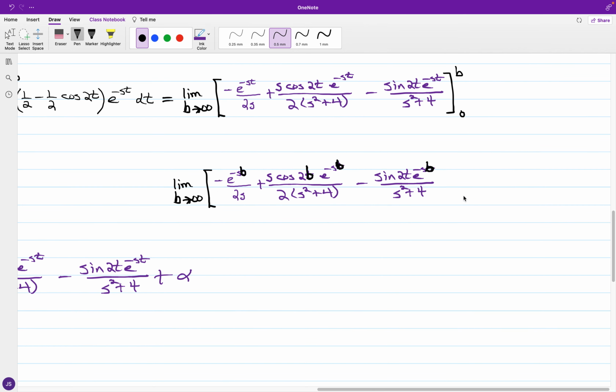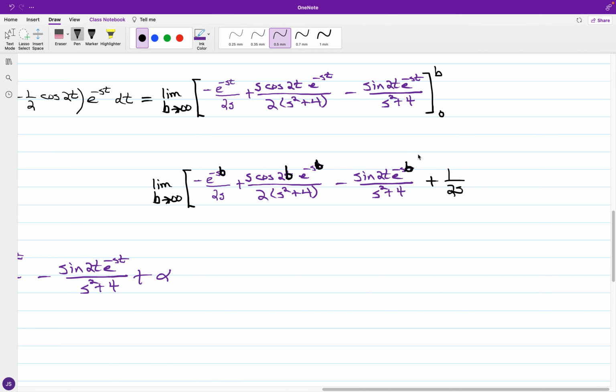And with the lower limit, t at 0, with the subtraction of a negative, that's going to be plus 1 over 2s. You have e to the 0 is 1, over 2s.